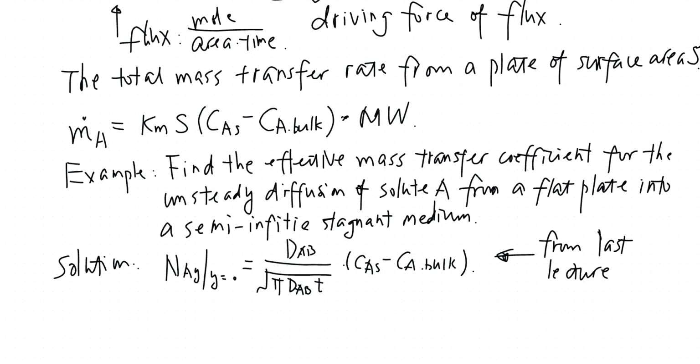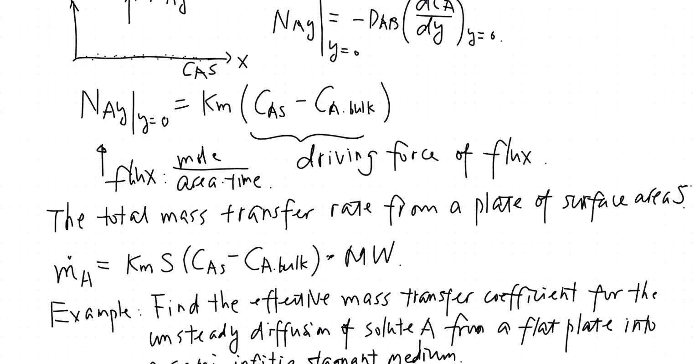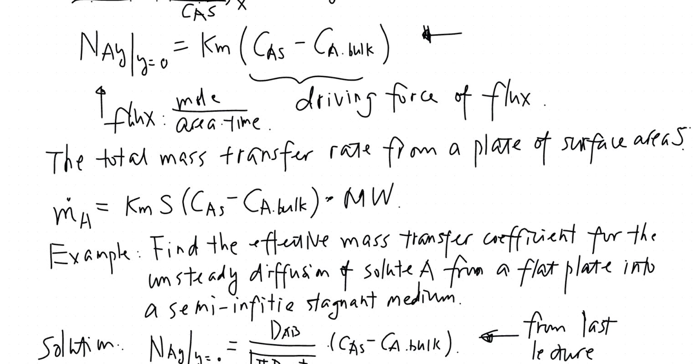Okay, now if you compare this one with the expression here, this equation, they must be the same thing, because the flux from the plate is the flux from the plate. It's only one value, no matter which expression you use. So if you compare, this is how we define the mass transfer coefficient.